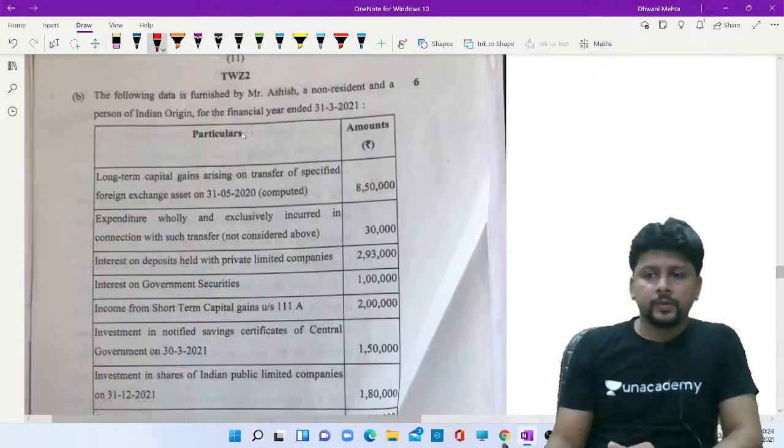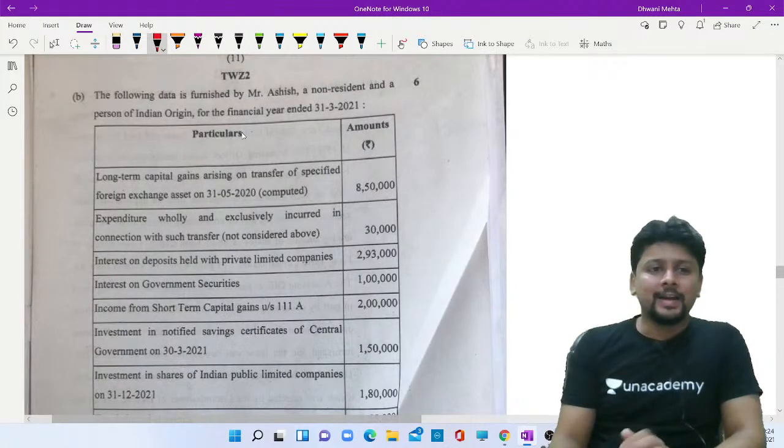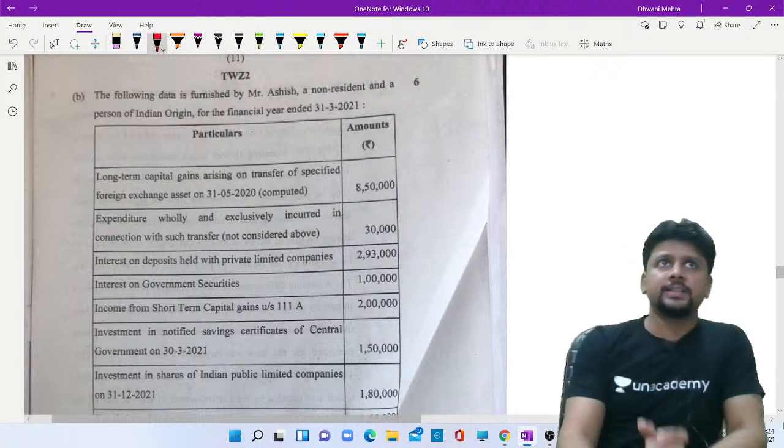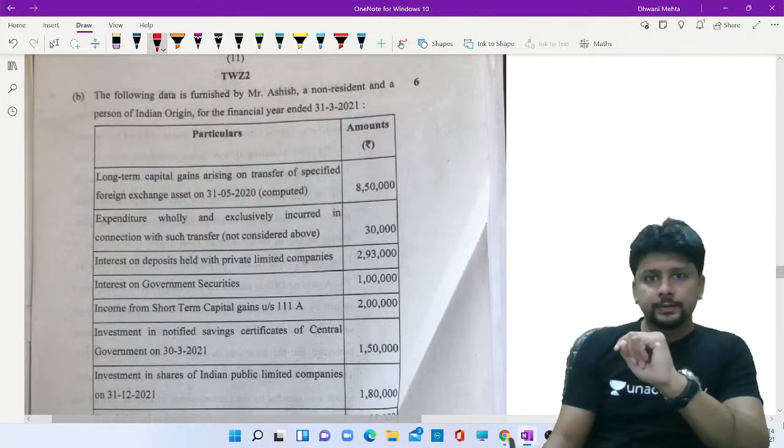Moving ahead, question 4 part B. Again, this has been the trend of the institute recently, and when I say recently, I mean November 2018 onwards.